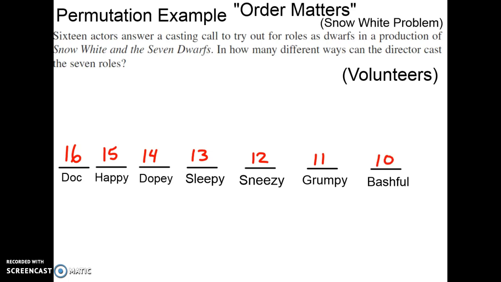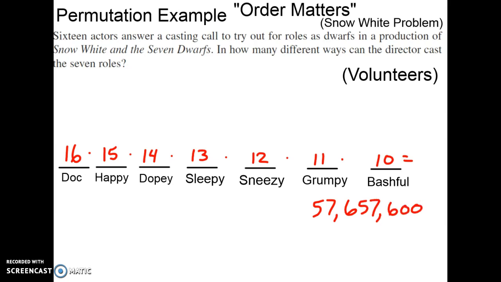But we'd stop at 10. That would mean that obviously 9 people wouldn't be able to be cast as the 7 dwarfs. And so you can multiply those out. And once you multiply those out, you get the very large number of 57,657,600.